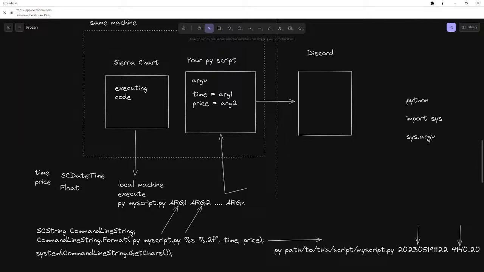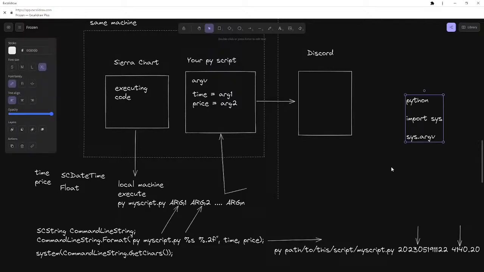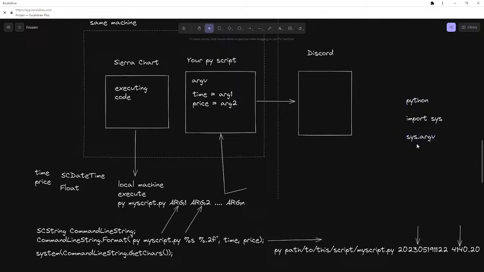That gives you the list of arguments, and if you looped through those or accessed them, argv0 is going to be probably this one, and argv1 is going to be this one, right? This is going to be the first one, and that'll be the second one, but they're zero index based probably. So there you go. That's how you do it. sys.argv is how you get your command line args in Python.